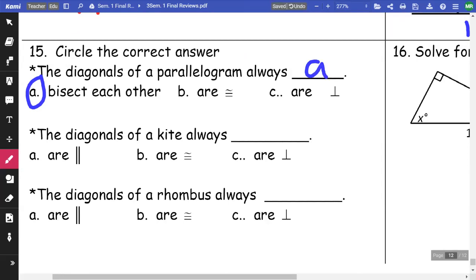The diagonals of a kite are always parallel, congruent, or perpendicular. They are going to be perpendicular, so it's going to be C. The diagonals of a rhombus are always parallel, congruent, or perpendicular. And this is going to be that the diagonals are going to be perpendicular.